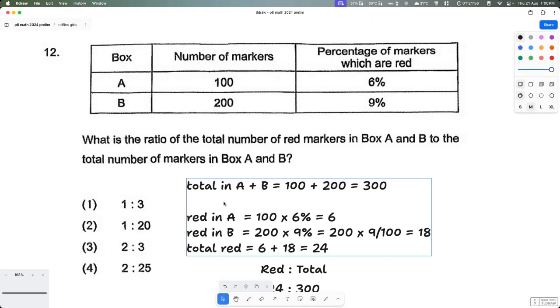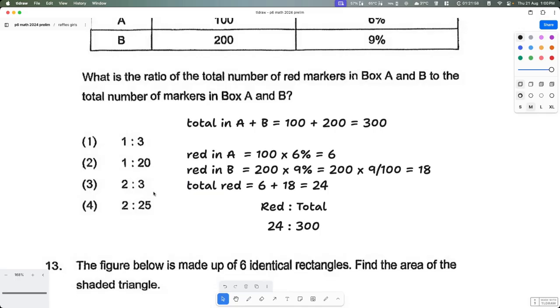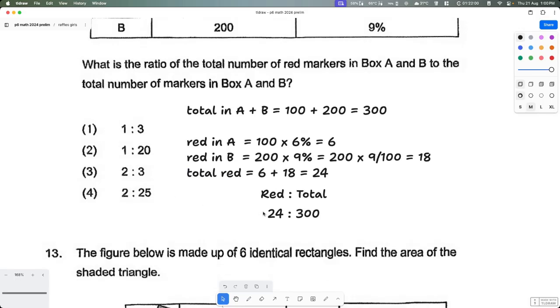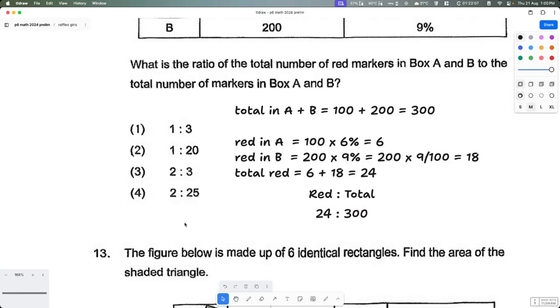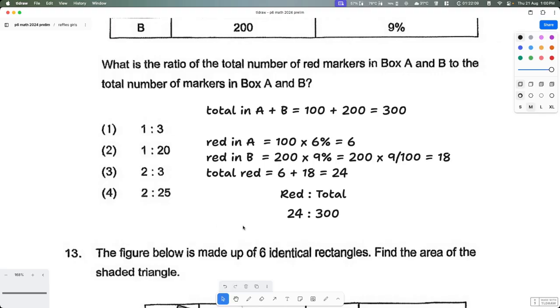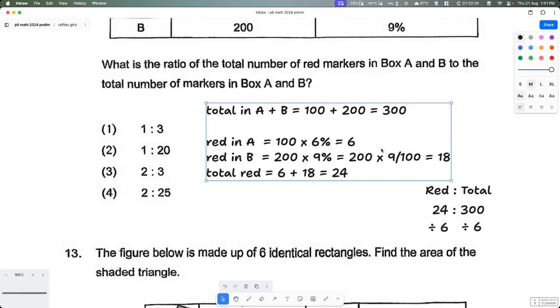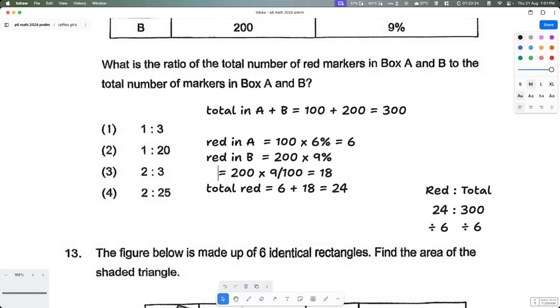So that means we can divide by 6. Can we divide 24 by 300? Feel like we can. We just divide by 6 first, easier. Then we can divide further. So divide this by 6, divide this by 6.